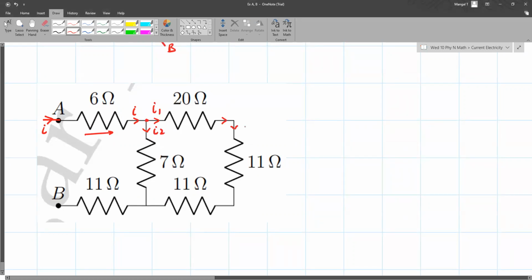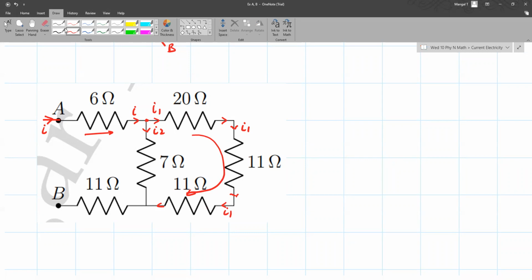So again, as we have discussed previously, the same current I1 flows through all the 3 resistors over here. So therefore they are in series.